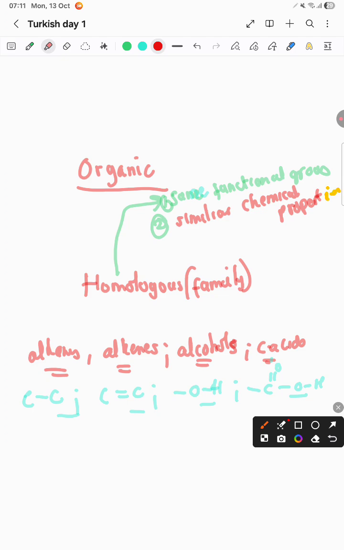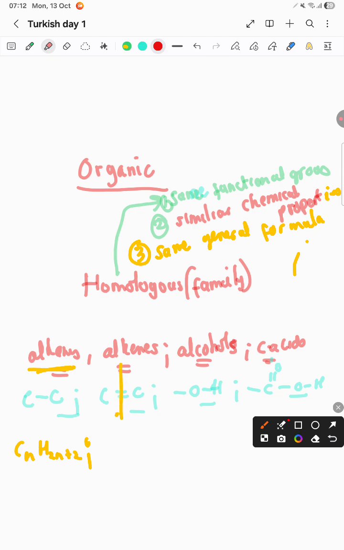Similar chemical properties. In addition to having similar chemical properties, if you belong to the same homologous series, you'll share the same general formula, yeah. For example, the general formula of alkanes is CnH2n+2.